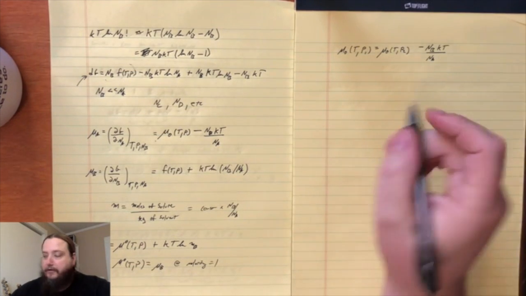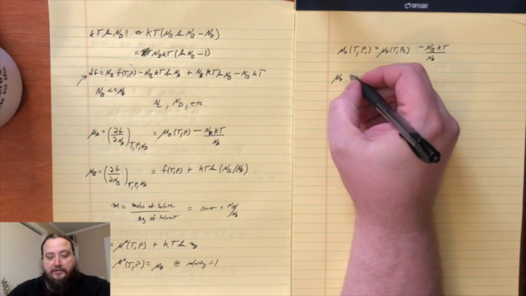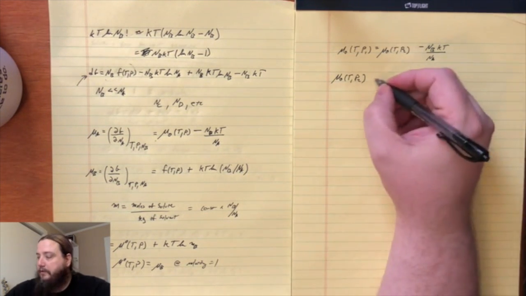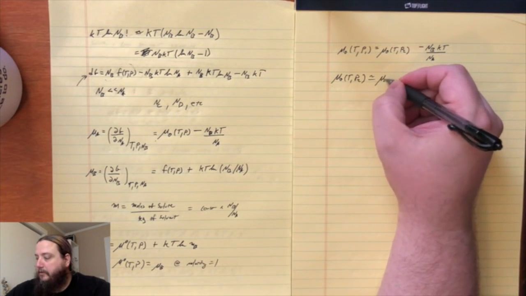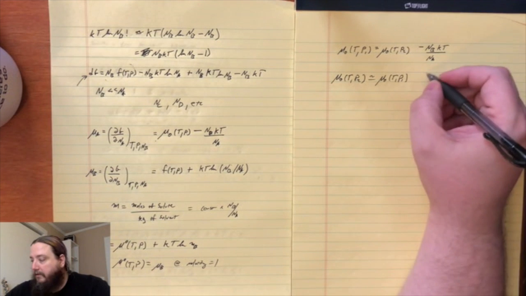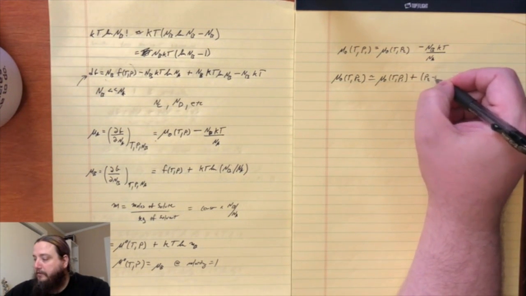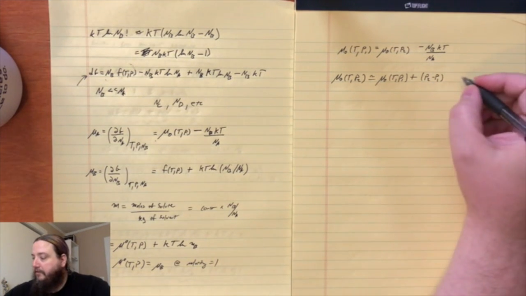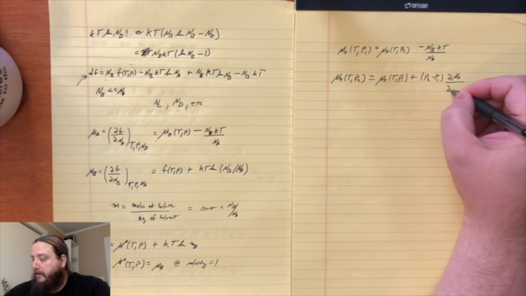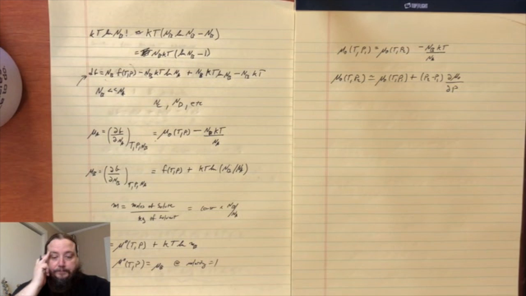We're going to make a linear approximation that the chemical potential at temperature and pressure 2 is approximately the chemical potential at temperature and pressure 1 plus a linear pressure term, P2 minus P1, times the derivative of the chemical potential with respect to pressure.